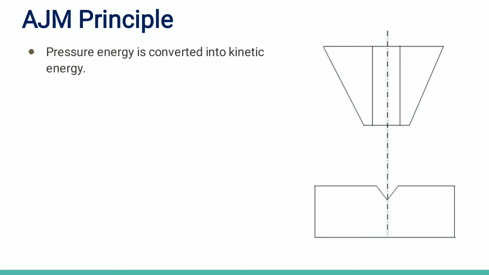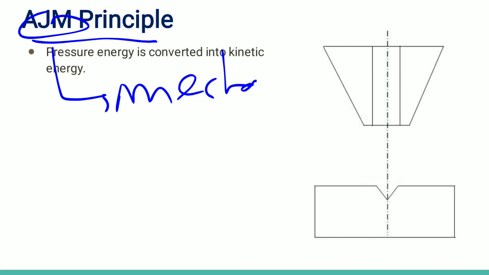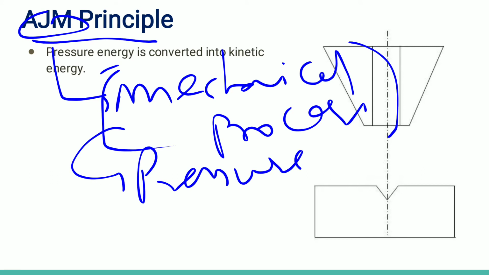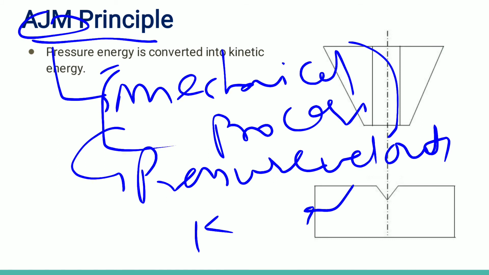Next, abrasive jet machining is a completely mechanical process. A mechanical process means we are using pressure energy, and that pressure energy is converted into kinetic energy.